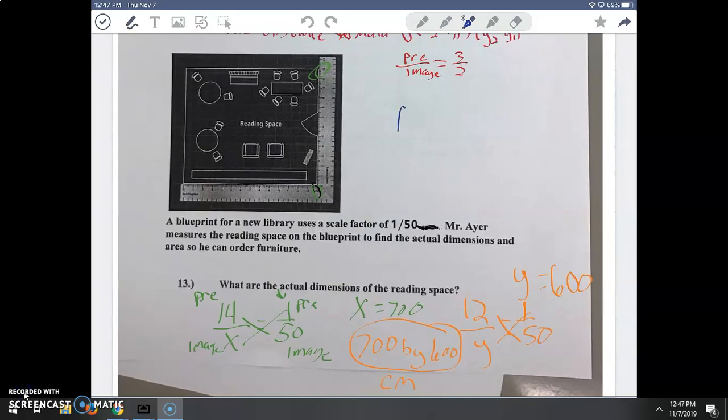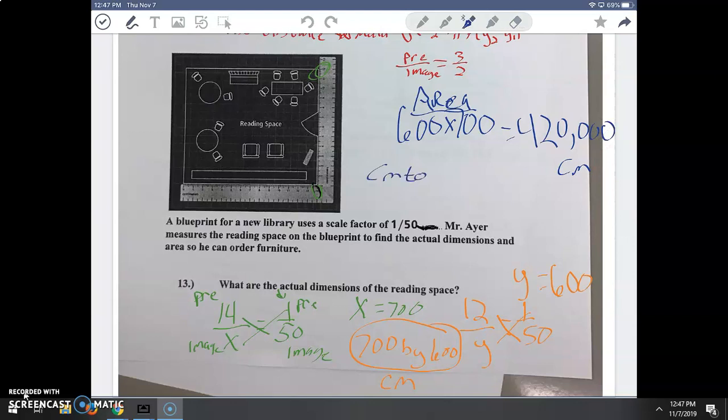Now that we know that this is a 600 by 700, to find the area we would just multiply that. When we do, we get 420,000 centimeters squared. We want to change this into meters. From centimeter to meter, it is basically 100 to 1.